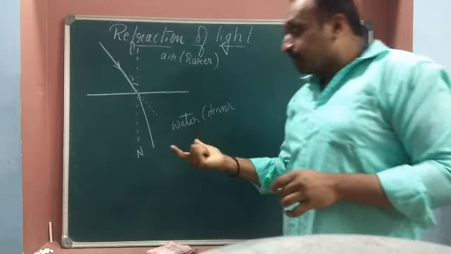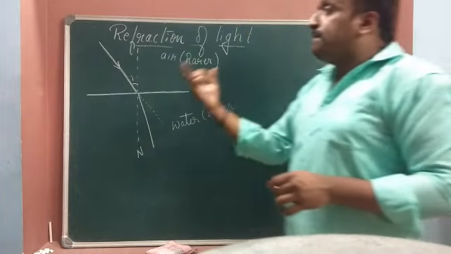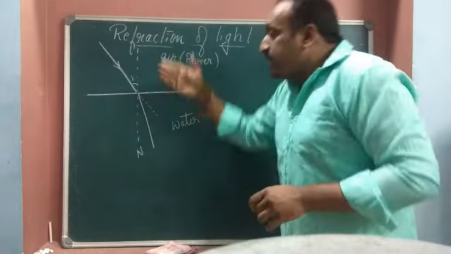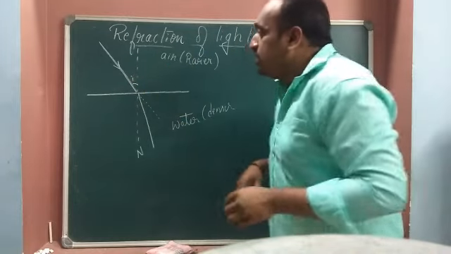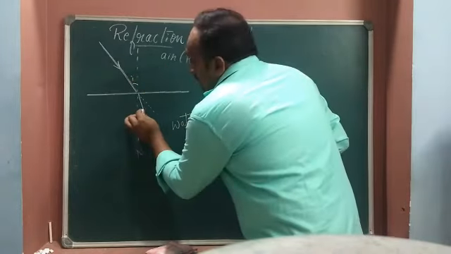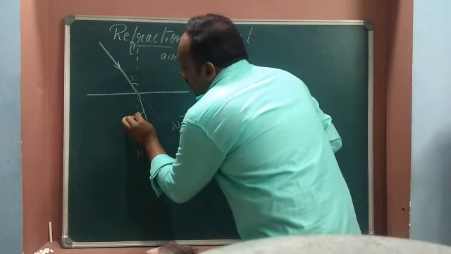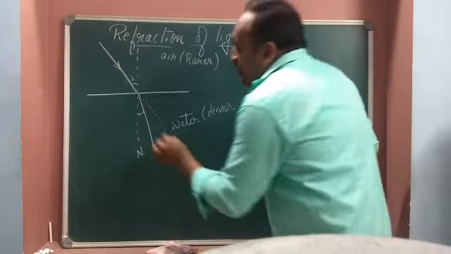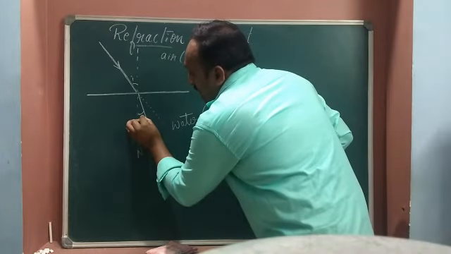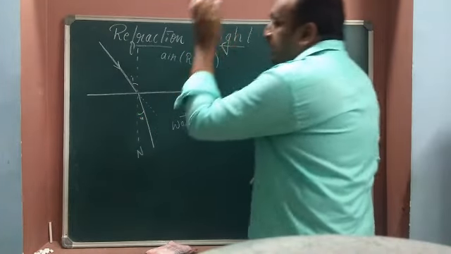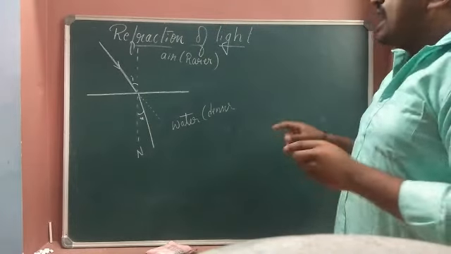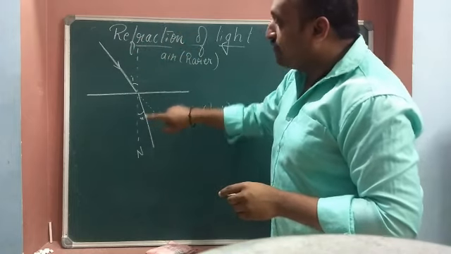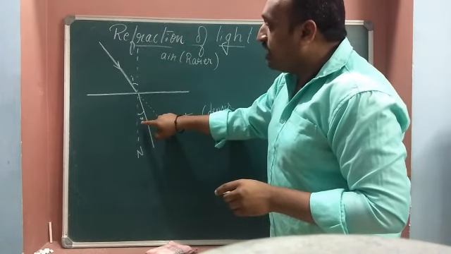I repeat, when the ray of light passes from a rarer medium to a denser medium, it will bend towards the normal, and the angle made between the refracted ray and the normal is called the angle of refraction, represented by small letter r. Angle of incidence is small letter i, and angle of refraction is small letter r.